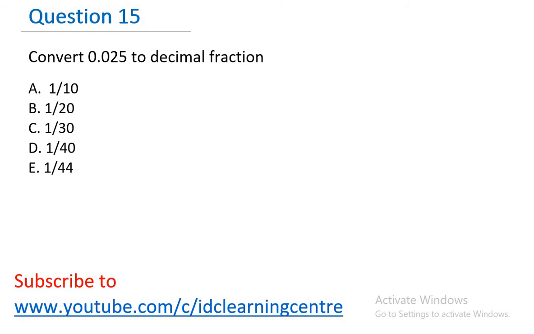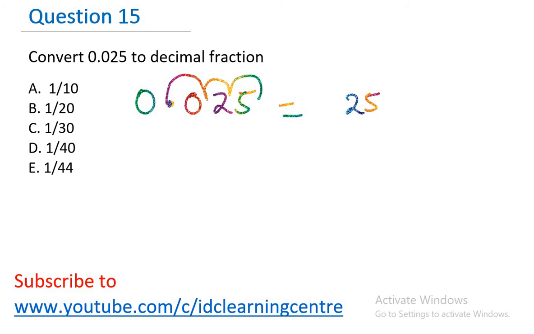Question number 15. Convert 0.025 to decimal fraction. From the decimal point, count to the end. It will give us 1, 2, 3. I counted three places to make 25 stand alone without the decimal point. Since I counted 3 places, I have to divide by 1000 because 1000 has 3 zeros.